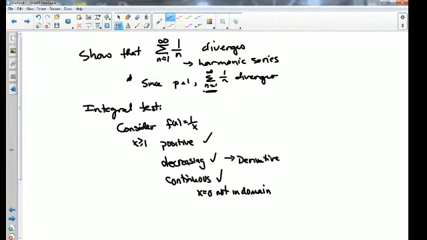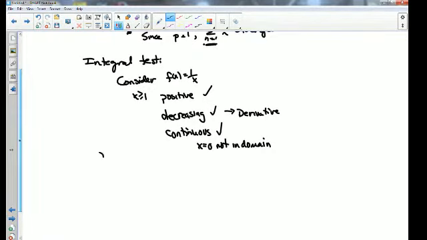So all you have to say is since the function is positive, decreasing, and continuous, we can use the integral test to show if this converges or diverges. I'll let you catch up.